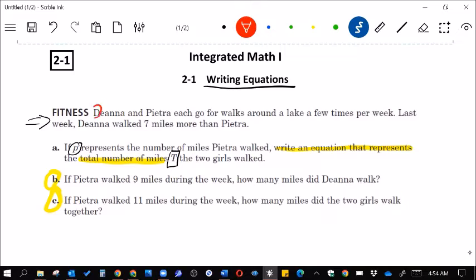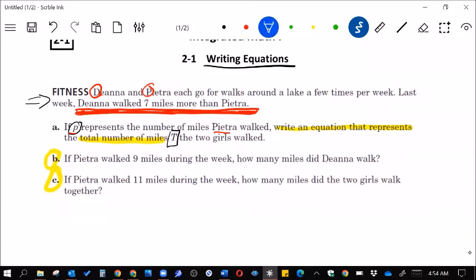Okay, so we have Deanna and Pietra, and we already know we'll use a P for Pietra. They go for walks a few times a week, and here is the key thinking. Last week, Deanna walked 7 miles more than Pietra. So let's think about what that means.